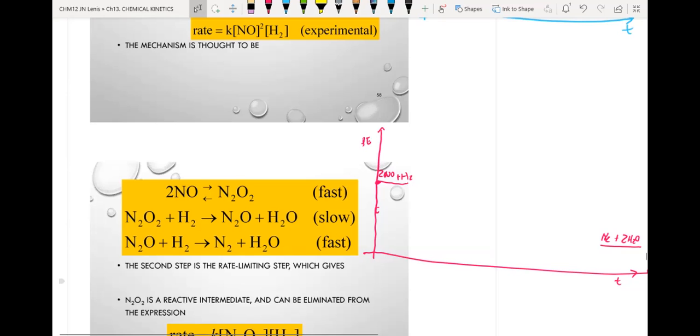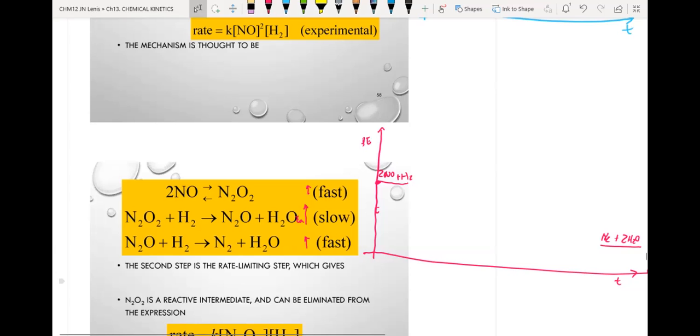Why is this step proposed to go slow? Because it has the highest activation energy. The activation energy for this is higher than this activation energy, and higher than this activation energy.